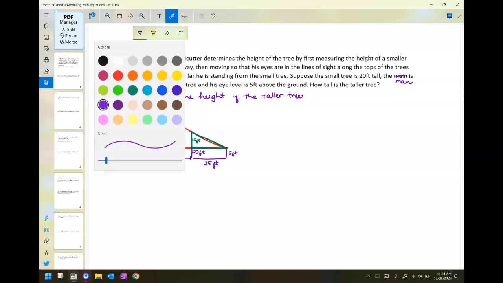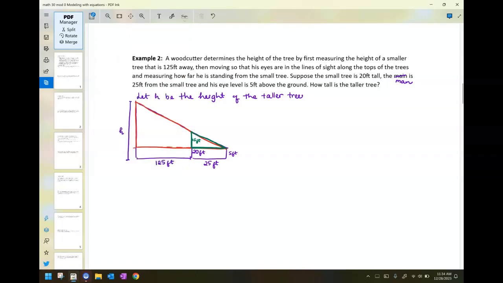But in this red triangle, this distance here has to be H minus 5. Okay. So let's draw the two triangles out individually and label them accordingly. So this one has the length of H minus 5. If you look at the length of the red triangle, that is the distance from the taller tree to where the man is standing. So that is 125 plus 25 feet. So this distance is 150.